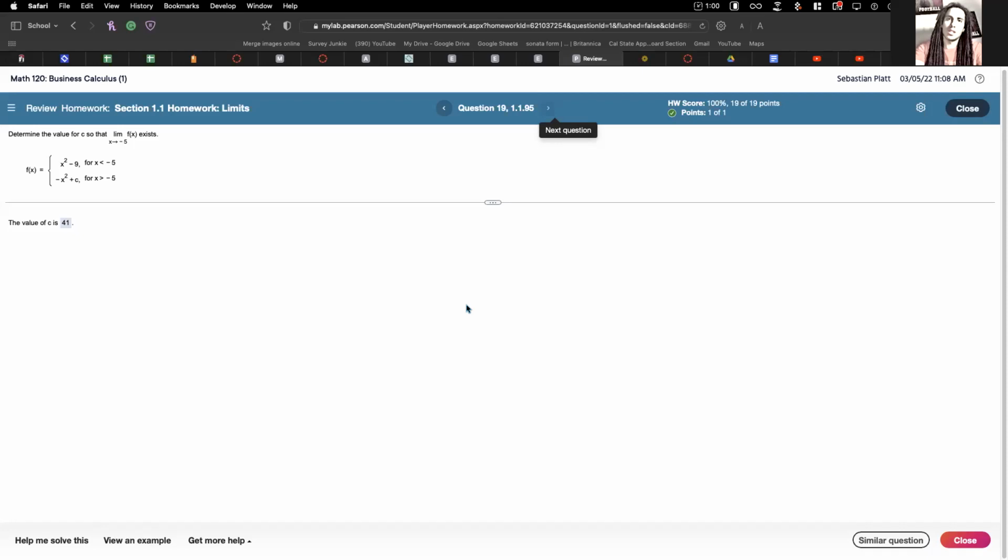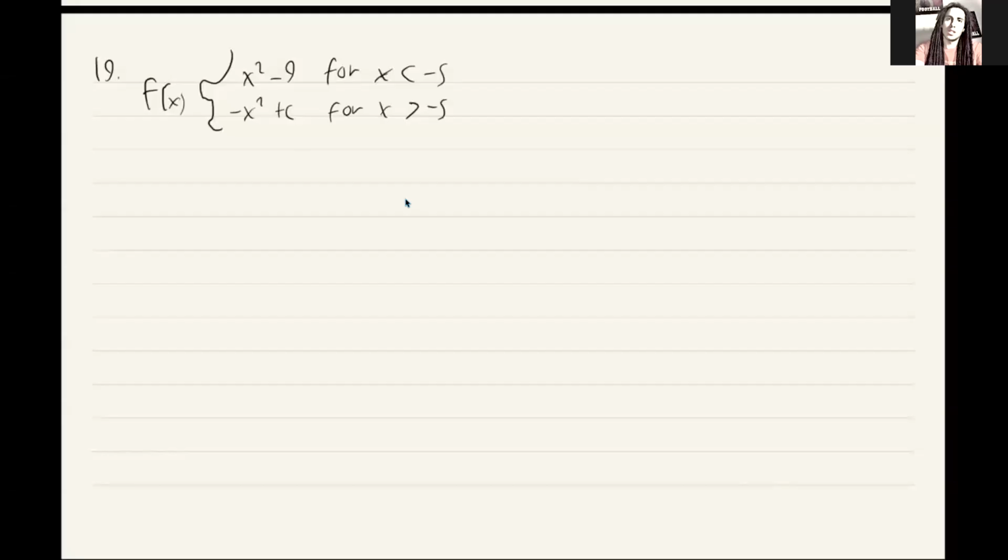So again, just like the last problem, I'm going to stop share. All right, what we're going to do again, just like number 18, is set the equations equal to one another, plug in the x, which is negative 5, and keep going until c is all by itself. And that will give us the answer that we're looking for.